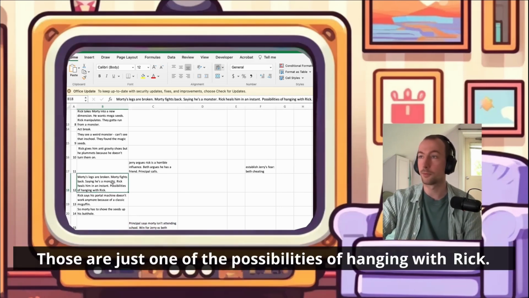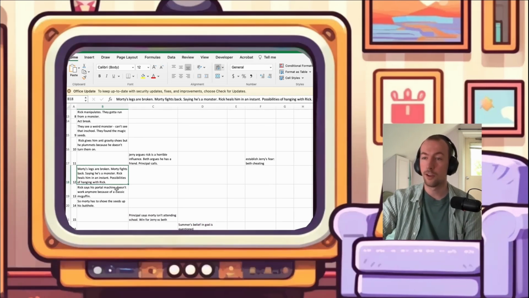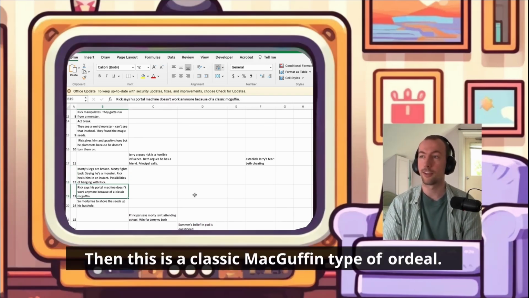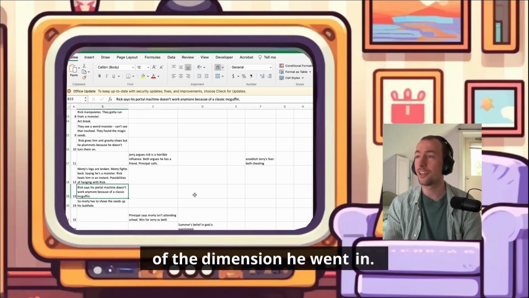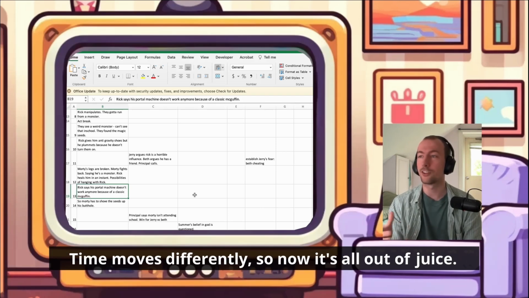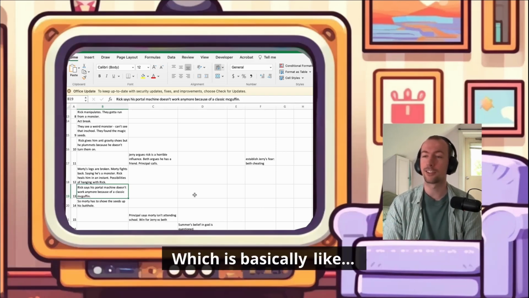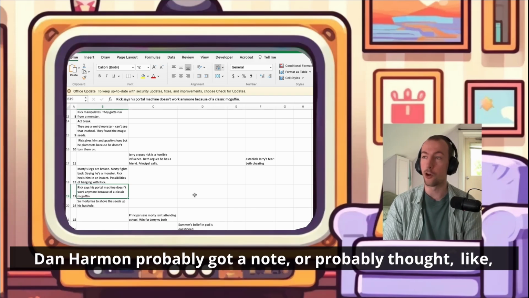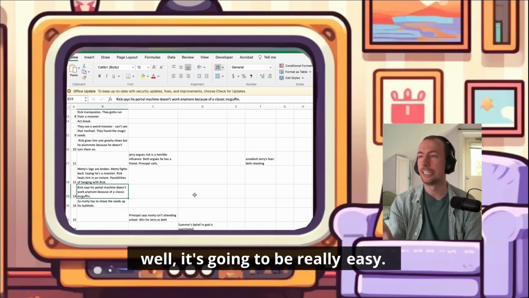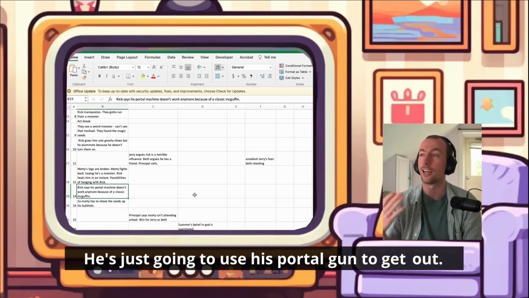Those are just one of the possibilities of hanging with Rick. Then this is a classic MacGuffin type of ordeal. Rick says the portal machine doesn't work anymore because in the dimension he went in, time moves differently, so now it's all out of juice. Which is basically because Dan Harmon probably got a note, or thought, well, it's going to be really easy, he's just going to use his portal gun to get out.